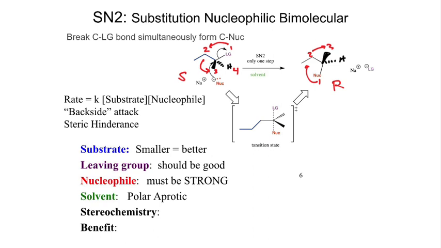I would argue this is a full flip. Said another way, this is an inversion. We've fully inverted the stereochemistry. We went from S to fully R, and if I started with R, I'd go to fully S. That is the language we use: we call it an inversion in stereochemistry.